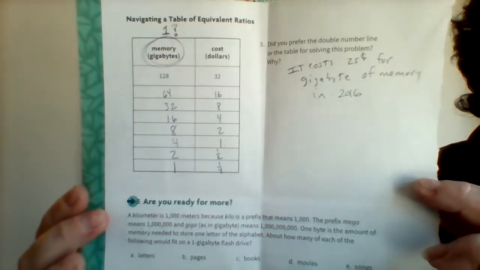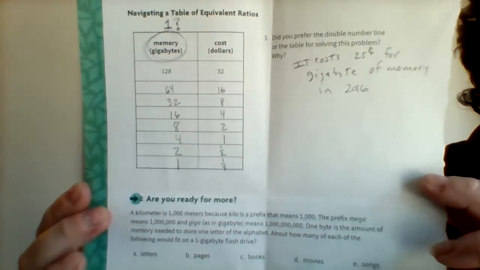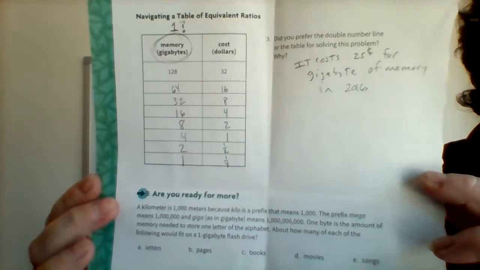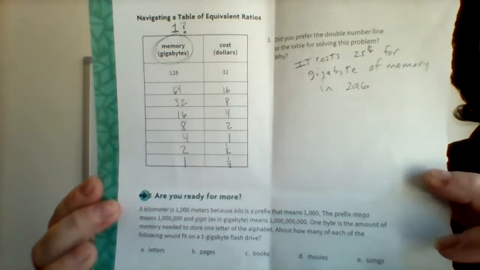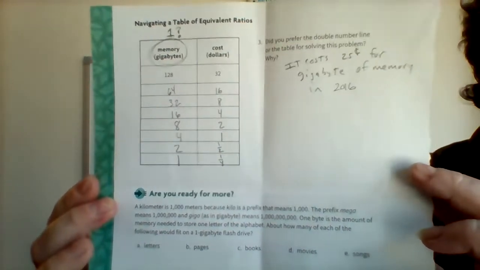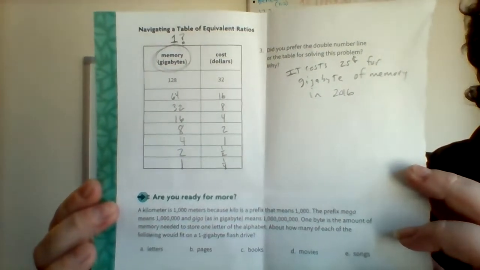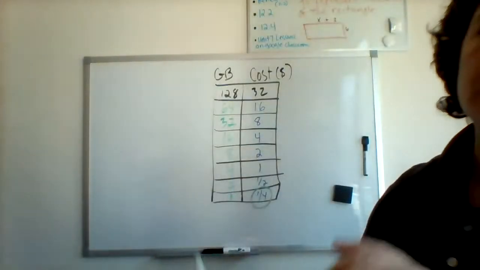But the question wanted to know for number 2, not for number 3, but for number 2. And I wrote it here so you could see the answer. It asked for the cost for 1 gigabyte. And remember, this was in 2016, it said. It was taking data and information. That's right, 25 cents. Good job. Perfect. Okay, it looks like you guys got it.